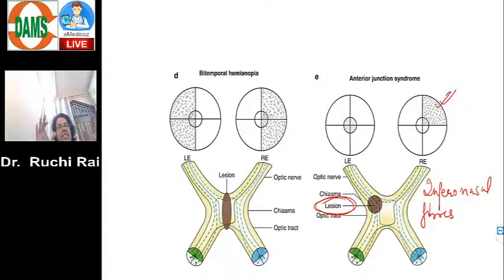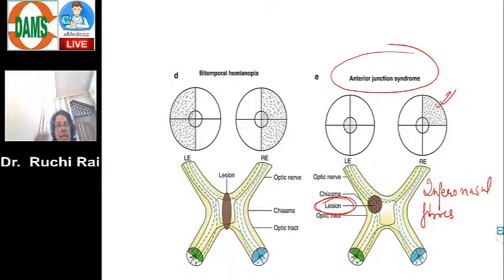You understand first and then we write together. So the inferonasal fibers of the other side, which is Wilbrand's knee, and the optic nerve fibers of the same side are affected. This is anterior junction syndrome, where the anterior part of the chiasma is affected.